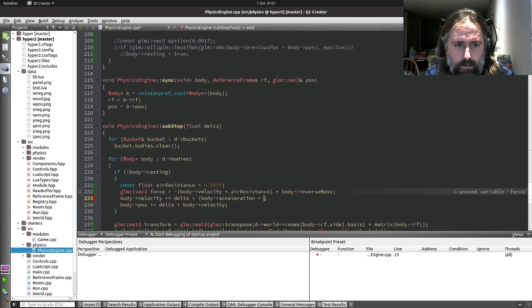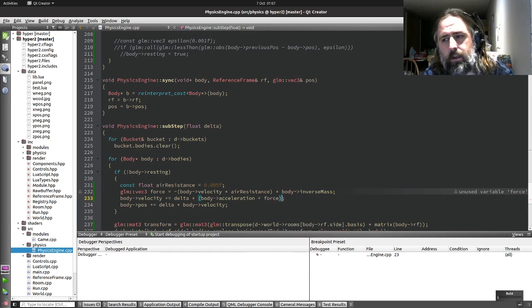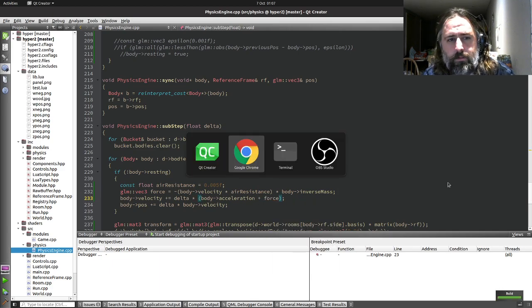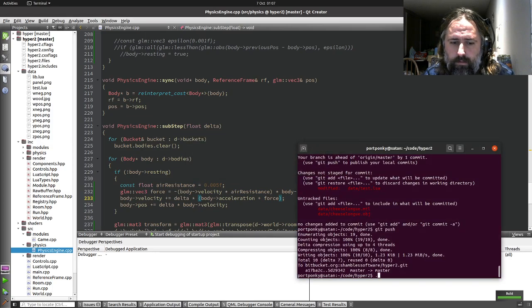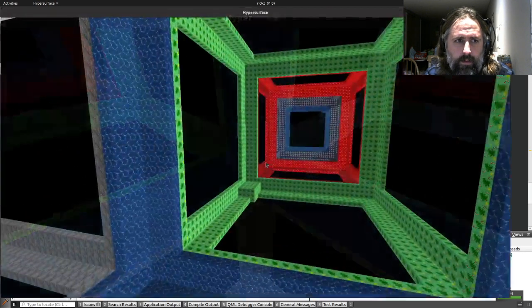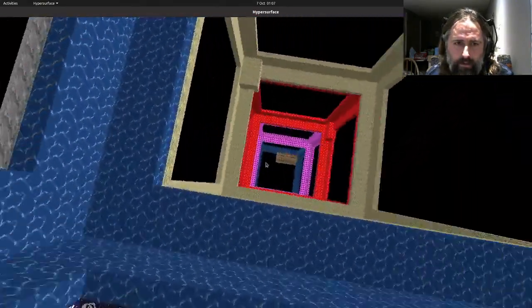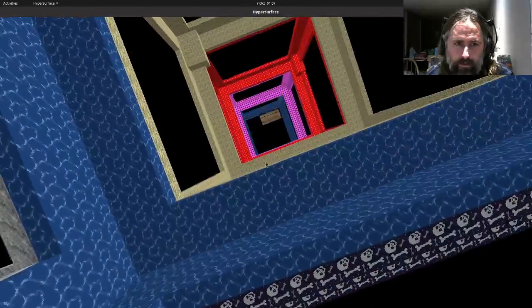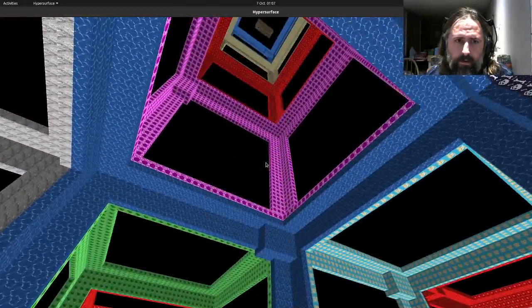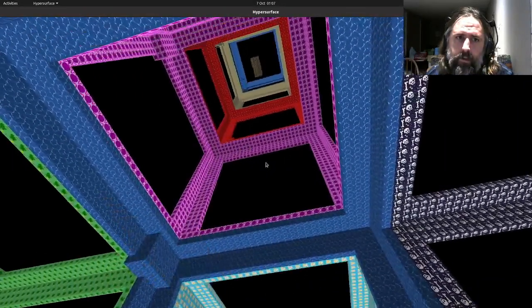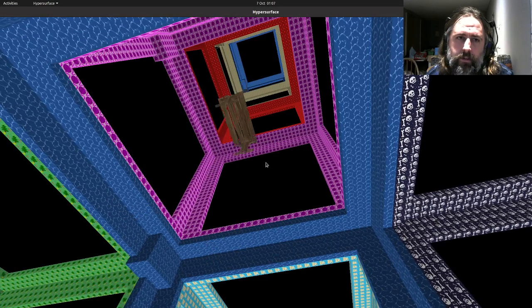So acceleration plus force. There we should have some of the worst air resistance we've ever seen, and I just typed in a constant. How bad is the air resistance? How fast will this fall? Yeah, that's still pretty fast.